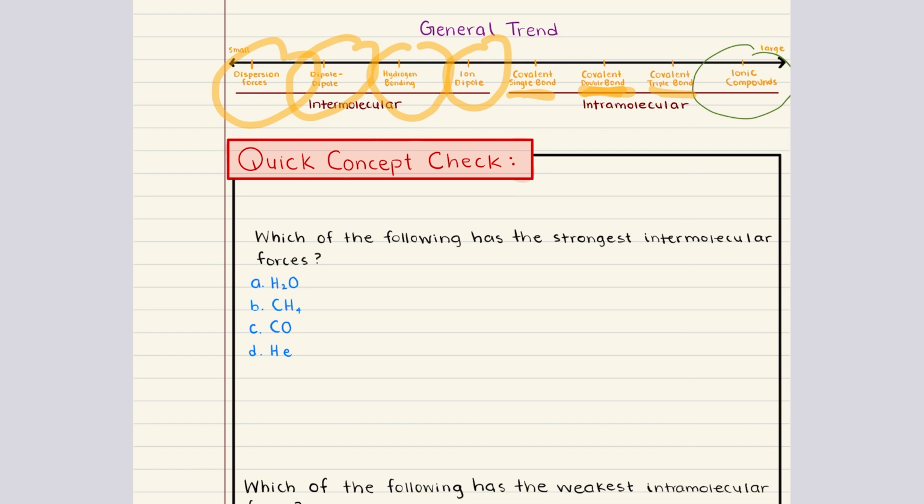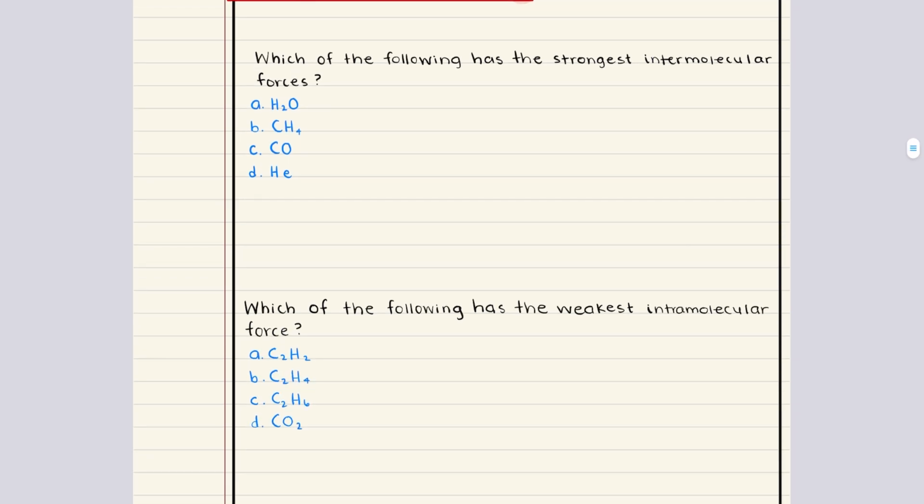Now that we've established these general trends, let's apply them to a couple of practice problems to test our understanding. The first problem asks, which of the following has the strongest intermolecular forces? To answer this, we need to identify the dominant intermolecular force that each substance experiences between its own molecules in a pure sample.